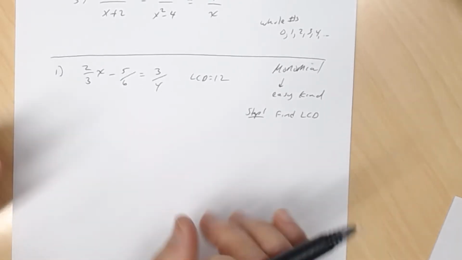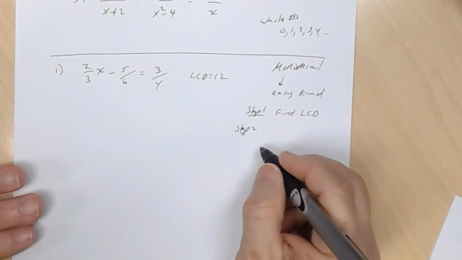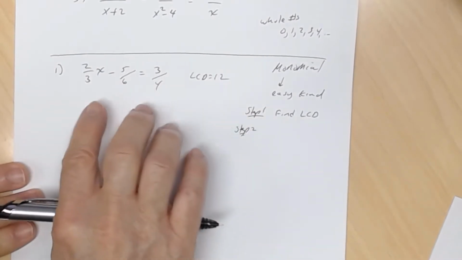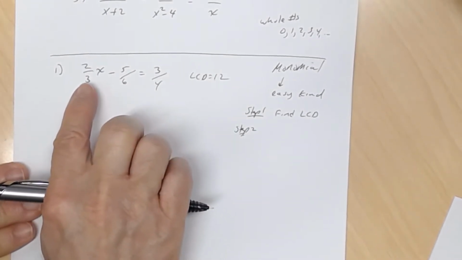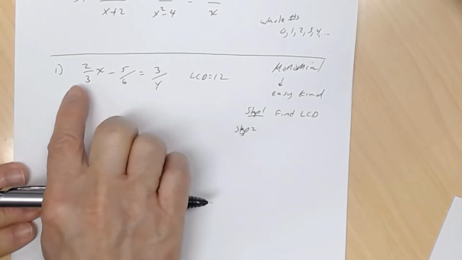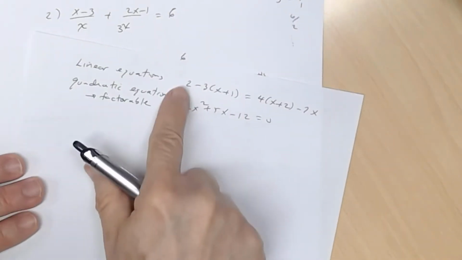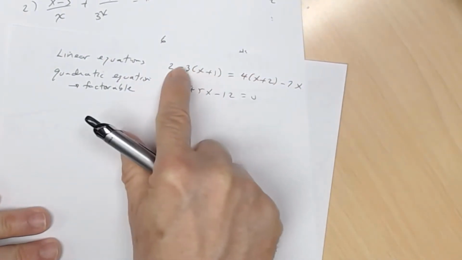All right, now here's the next step. Step 2. Remember, the whole idea when solving rational equations is that you want these denominators to be ones. You want these to end up looking like this because you've had experience solving this kind of equation.